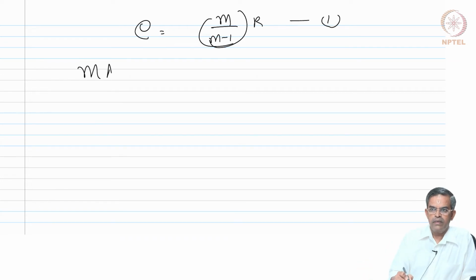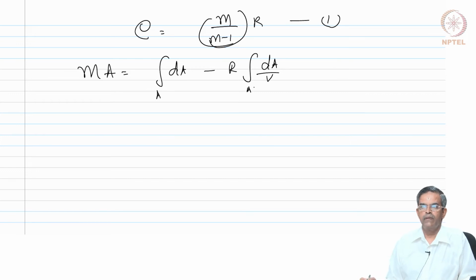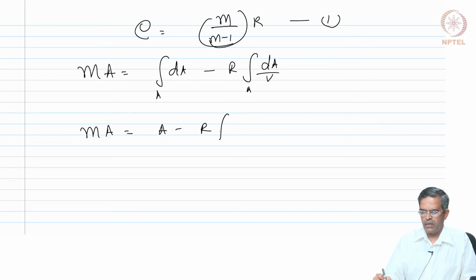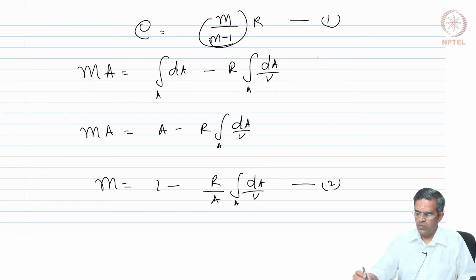So, MA is integral dA minus R integral dA by V. So, MA is A minus R times the integral dA by V. So, M is also 1 minus R by A integral dA by V. This is equation 1, equation 2, okay.